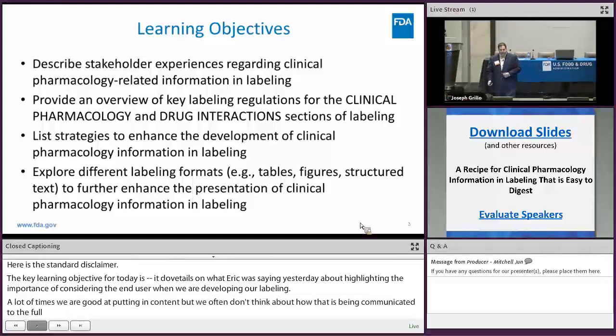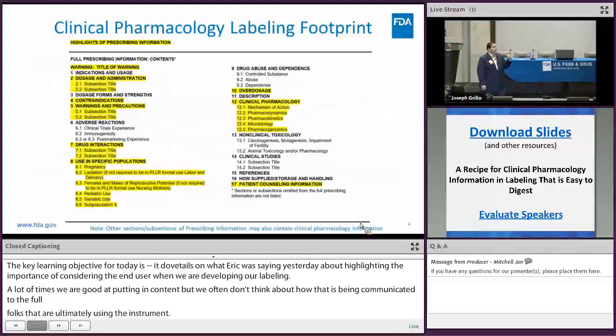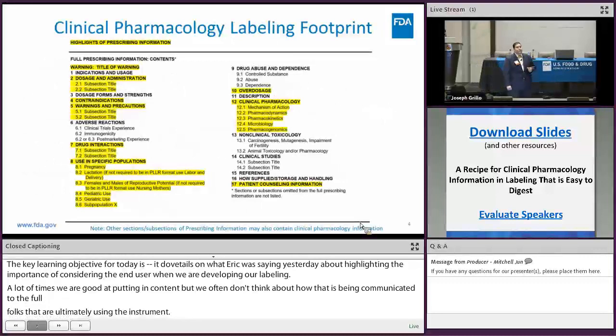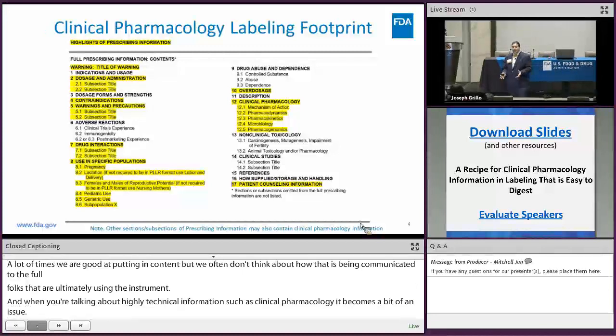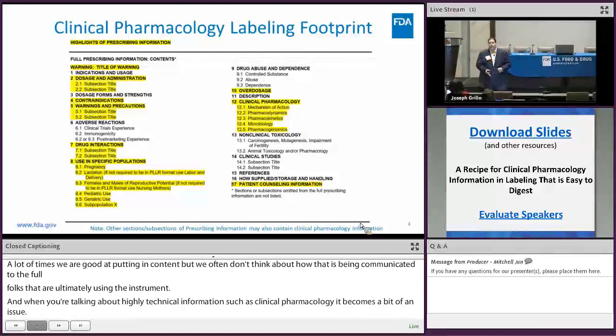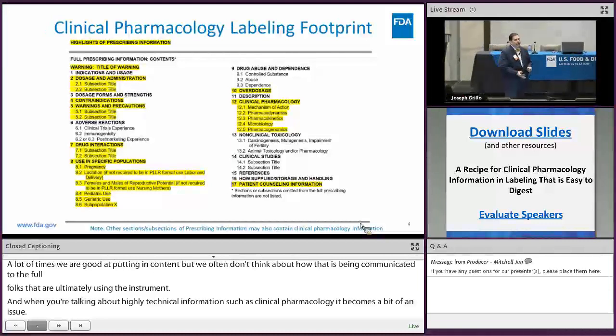So clinical pharmacology-related information probably has one of the largest footprints in the label itself. It informs many sections, and I've highlighted the key ones here in yellow, but there potentially could be others as well.